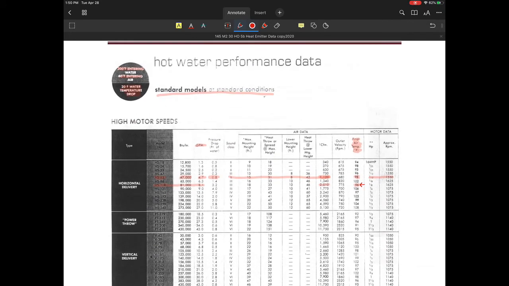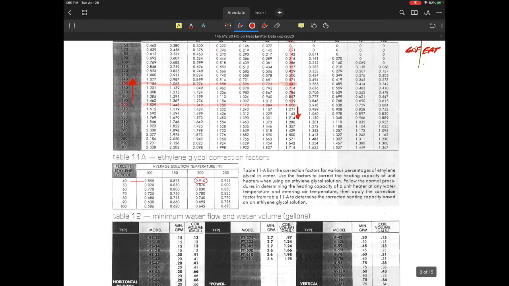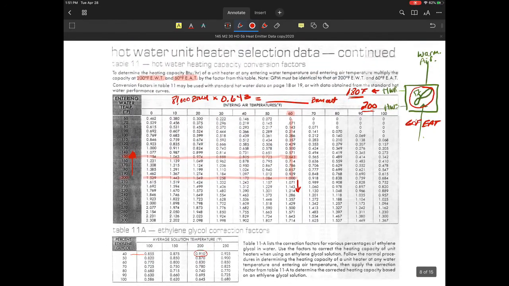Let's take a look as another summary at the impact if I were to increase the entering air temperature coming into that system. I think that's best looked at in this particular sheet. In this case, I don't want to have 60-degree air, I want to maintain my shop at 70-degree air.